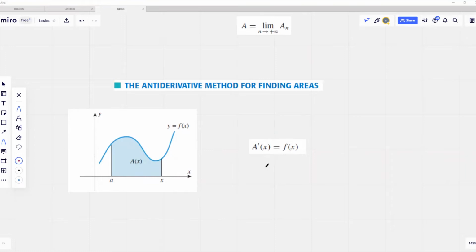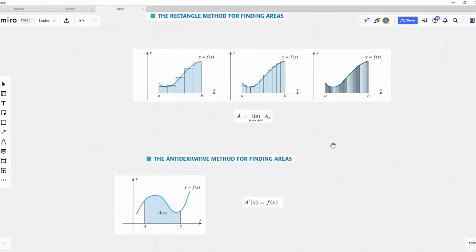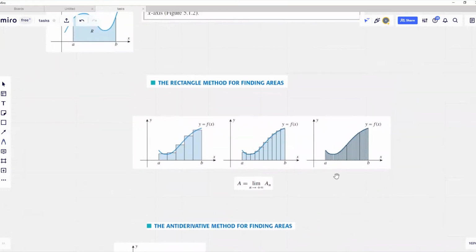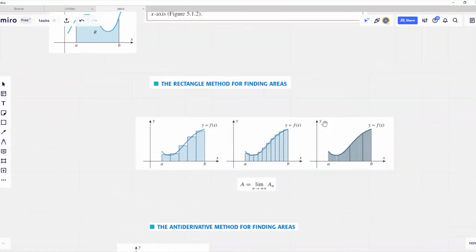And then if we would like to find this area under the graph, we need to find an antiderivative of this function A'(x), or an antiderivative of function f(x). And in this chapter, chapter 5 on integration, we'll take a look at both of these approaches.